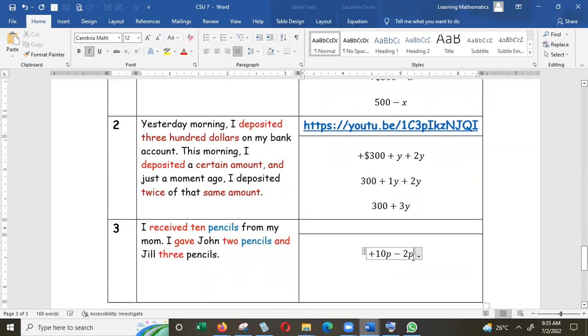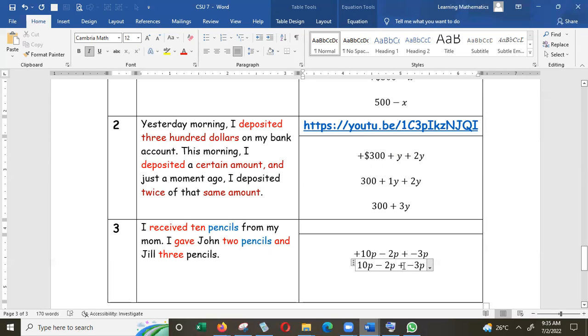And Jill, so you give 2 pencils to John, and you give 3 pencils to Jill. This can be simplified. Normally, when there isn't any letter or number to the left side of a value, it is very common to drop the plus sign. So you have 10 pencils, subtract 2 pencils, and you subtract 3 pencils.